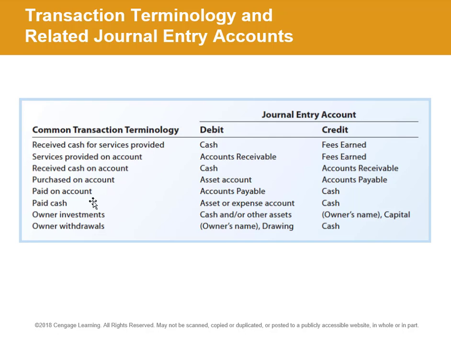Like if you purchased on account, that would involve accounts payable and whatever asset you bought. If you paid cash, you either bought an asset or you paid some expenses. The credit would be to cash. Take a look at this in your book. I don't want this to be too long, and it's already long.